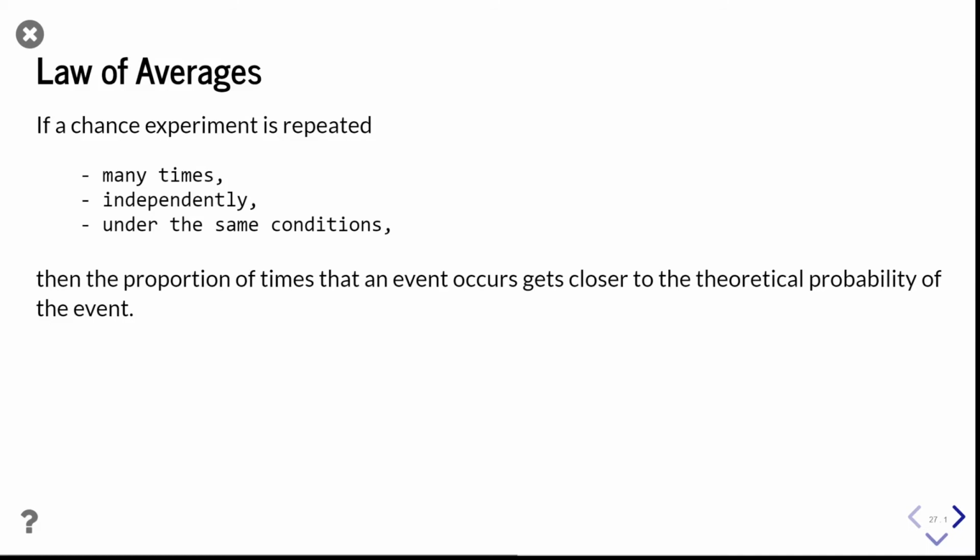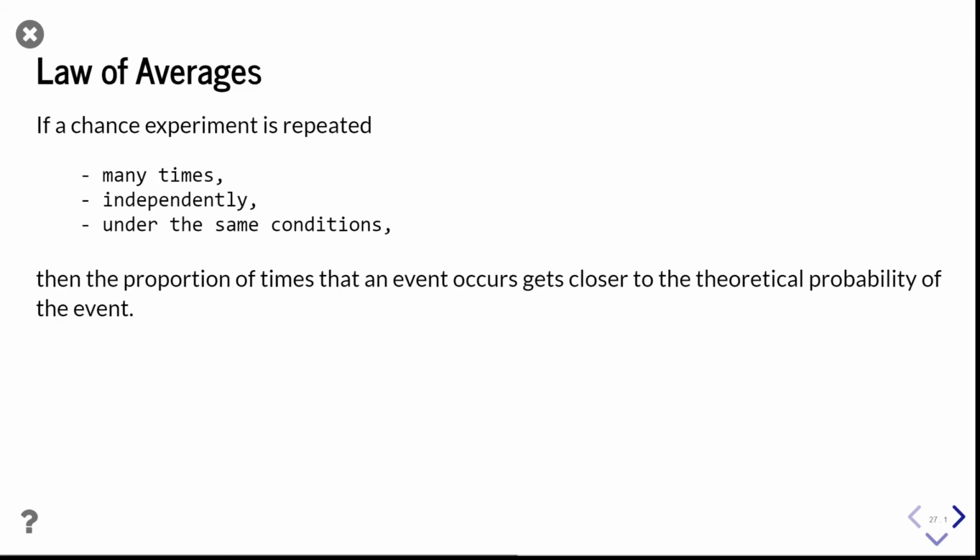If you have a chance experiment that you do a bunch of times, like rolling a die or selecting a random flight, and the selections are independent, meaning that one doesn't influence the other, and you're doing this over and over again with the same sampling strategy under the same conditions, then, and here's the important part, the proportion of times that an event occurs converges to the real probability of that event happening.